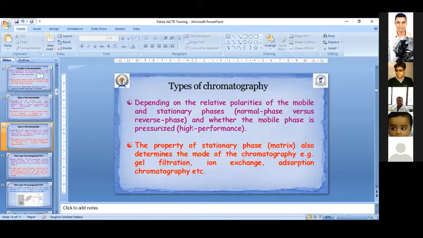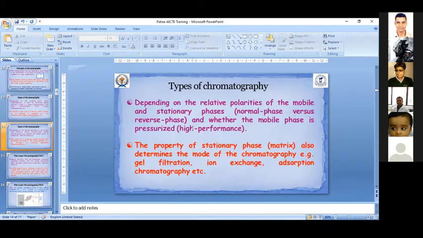And when the polarity is reversed, that is, the stationary phase becomes non-polar and the mobile phase becomes polar, that is called reverse phase. When the mobile phase is supplied with pressure, it is called high performance or high pressure chromatography.